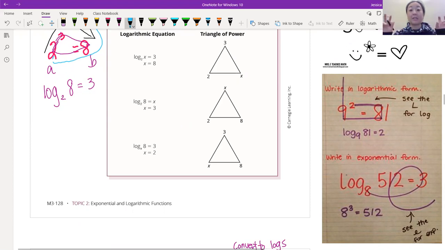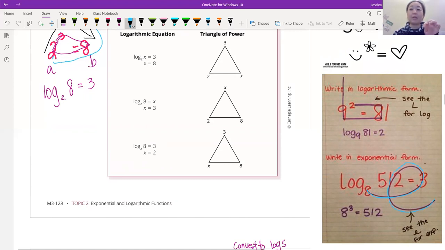This is just a trick to help you understand, to rewrite stuff. That's all. We're just trying to rewrite. So it says to write in exponential form, see the E for the exponent. Remember, because E starts with exponents. So we're going to start with 8 to the 3 power is equal to 512. We write 8 to the 3. So whatever you touch first, that's what you're writing.